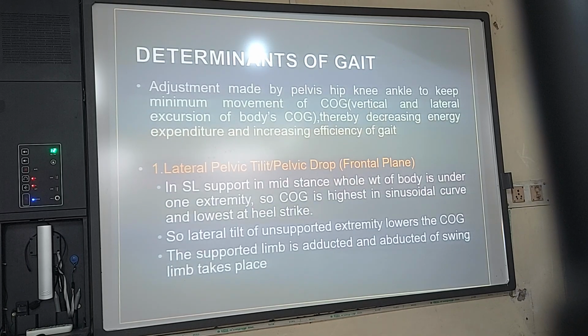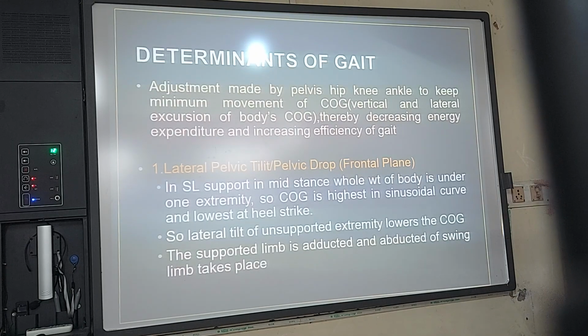But at mid stance it was high. Now at mid stance in single limb support, if it was high and at heel strike it was low, we need our pelvis to move in a certain order so that the sinusoidal curve does not have such great differences. The drop and the height should not have such big differences. It should be within the normal limits.